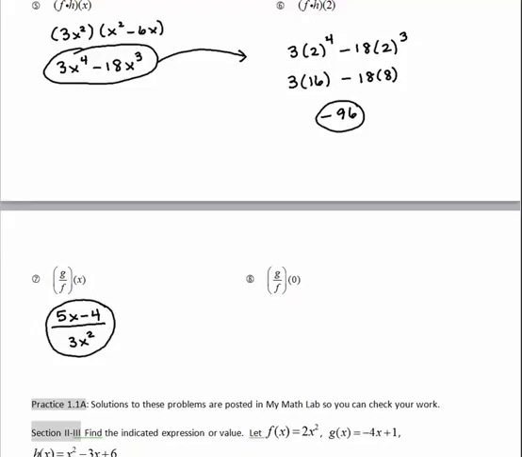And in number 8, I'm now being asked to plug 0 in for x. So I have 5 times 0 minus 4 divided by 3 times 0 squared, which is negative 4 divided by 0. And remember that division by 0 is undefined, so there's no real answer to this problem.